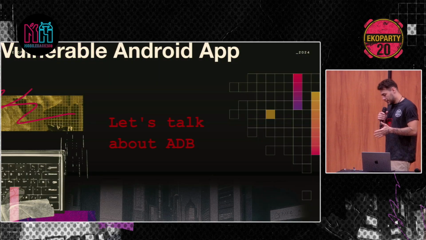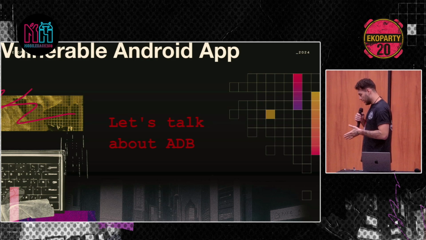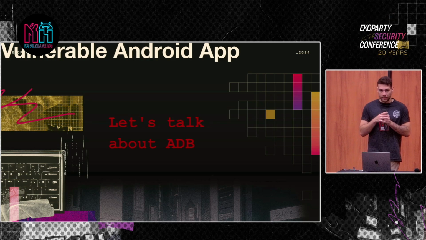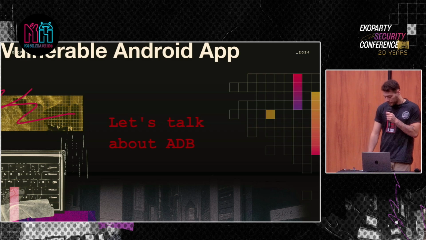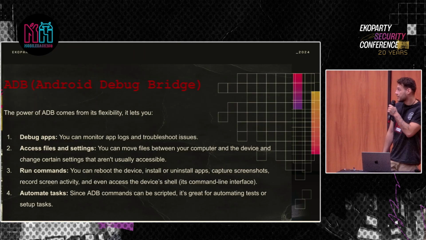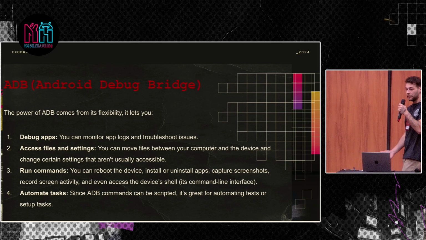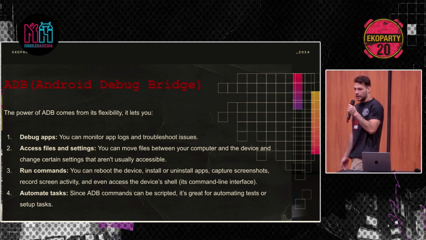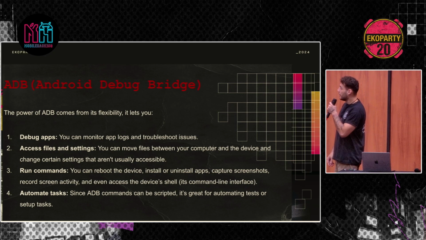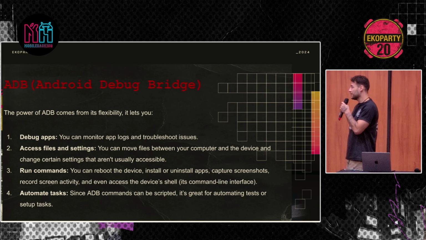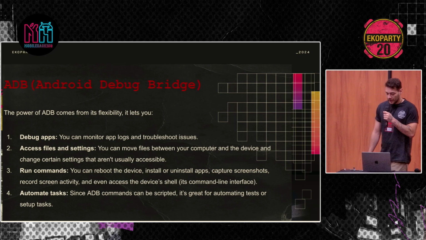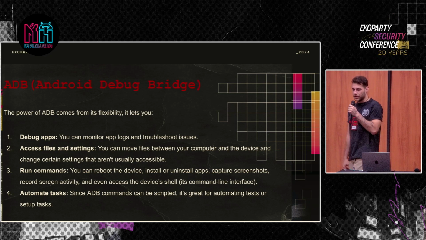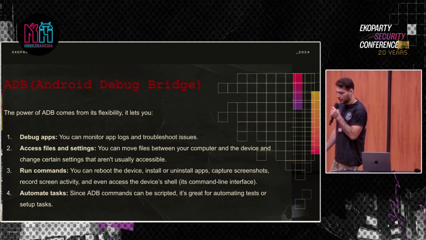Before we start reverse engineering or understanding more of what those applications are doing, we have to talk about ADB. I believe most of you know ADB. ADB stands for Android Debug Bridge. It's a powerful tool for Android pen testing or Android development. The power of ADB comes from its flexibility. You can debug applications using ADB. You can use the Java Debug Wire Protocol to debug applications.